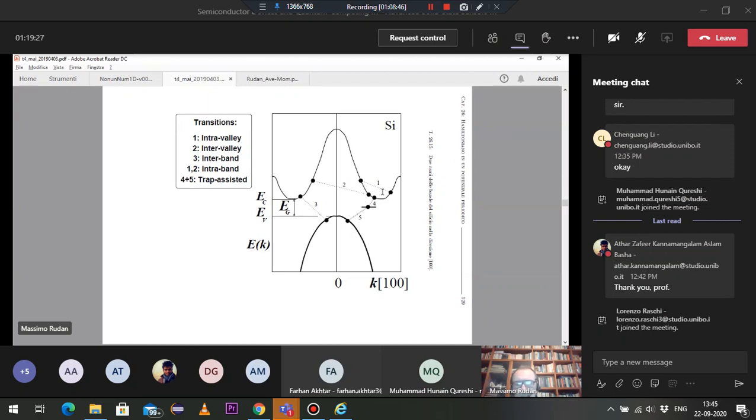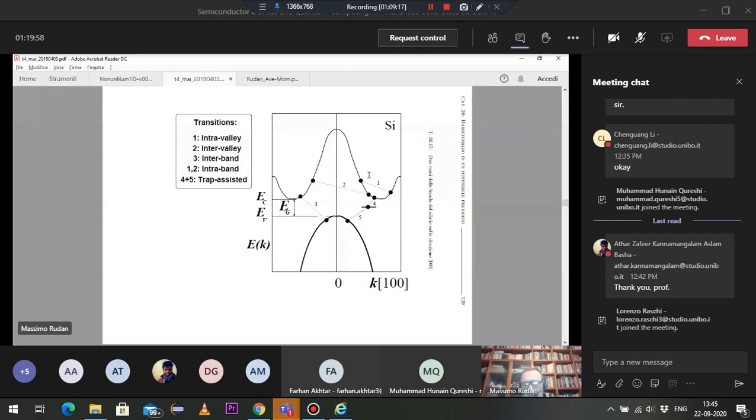So transitions of type 1 have the property that the initial and the final state are in the vicinity of the same minimum or the same extremum of the band, okay? You remember that both minima of the conduction band and maxima of the valence band are called valleys, okay?